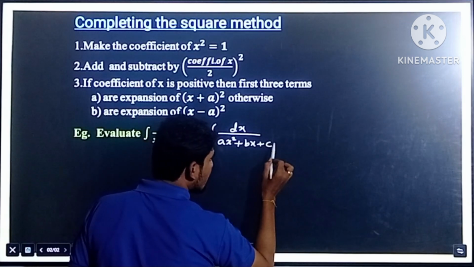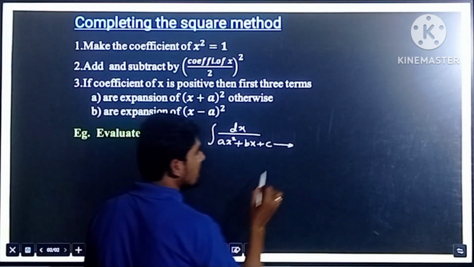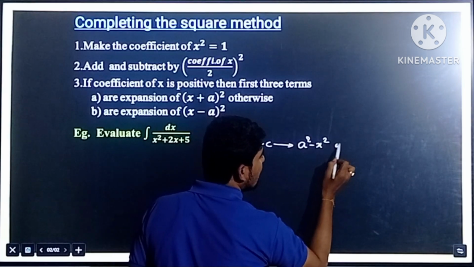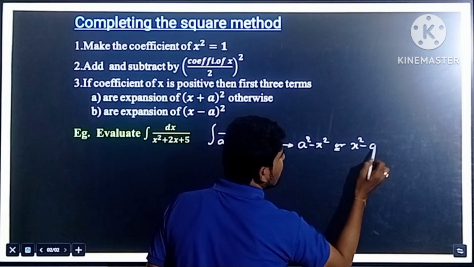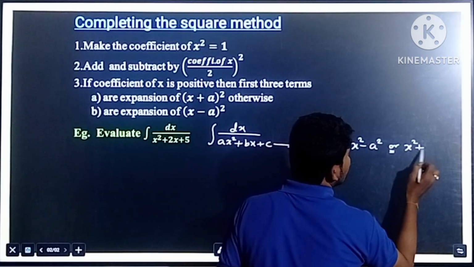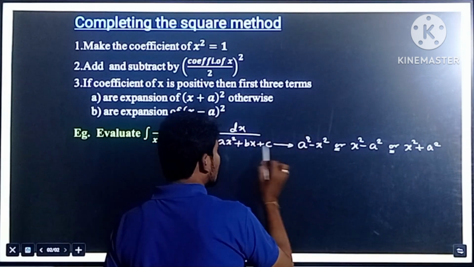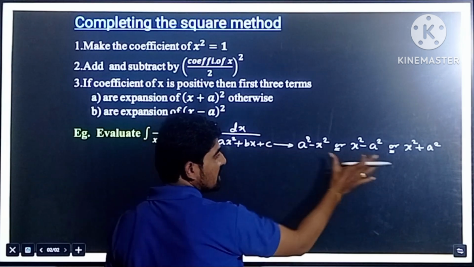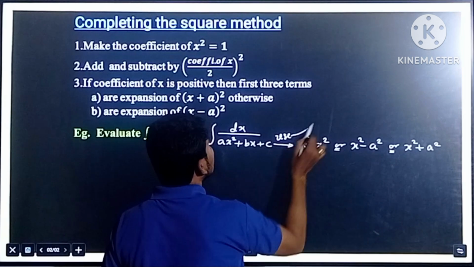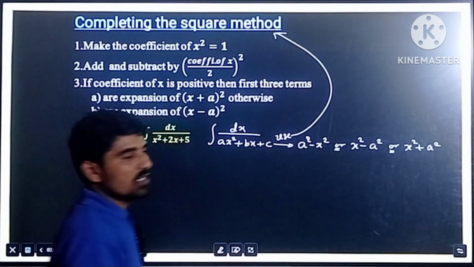So we need to convert this quadratic expression either to a square minus x square form, x square minus a square form, or x square plus a square form. To convert it, we use the completing the square method.